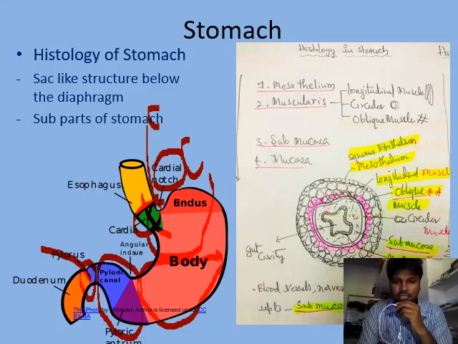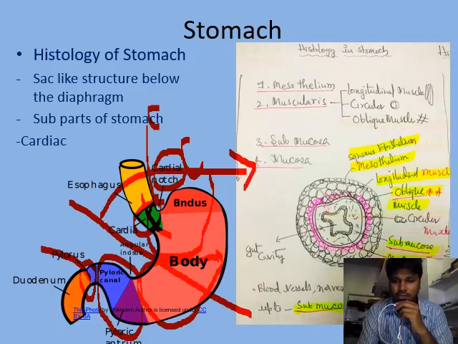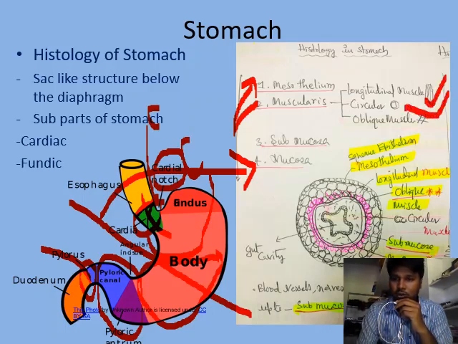So if we see the section of the stomach, a transverse section of the stomach can give us this kind of picture. Okay, so in the section we find around 4 layers. The first and outermost layer is called mesothelium, and the second layer is called the muscular layer, which is also called muscularis. This muscle layer is made up of 3 types of muscle: longitudinal muscle, circular muscle and oblique muscle.